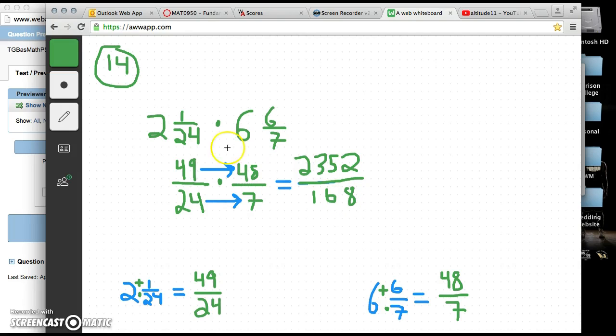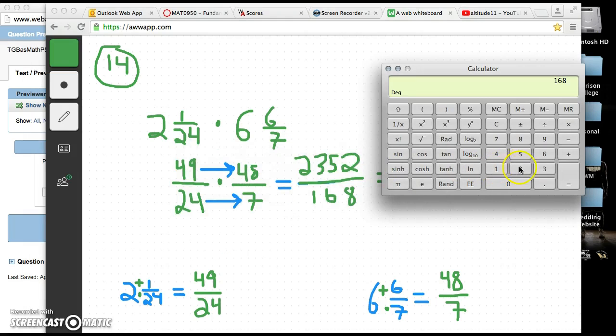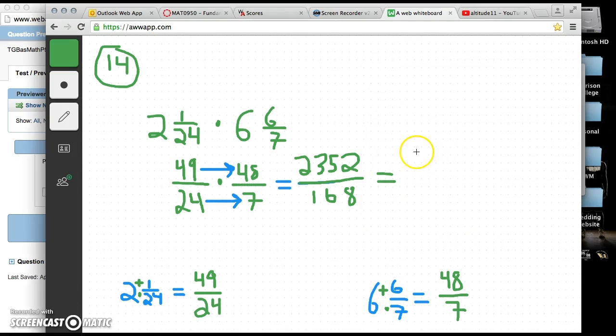Let me show you what this looks like. Notice that both our numerator and our denominator are divisible by 2. What that means is that there exists a number that, when you multiply it by 2, you get 2,352. You can find that by taking 2,352 and dividing by 2, so that's 1,176.